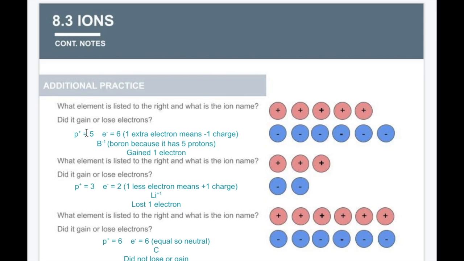It has 5 protons and 6 electrons. I can just count the number of electrons. Because it has 1 extra electron, it's going to have a -1 charge. So my ion name is going to be B, which stands for boron, -1. It ended up gaining 1 electron.